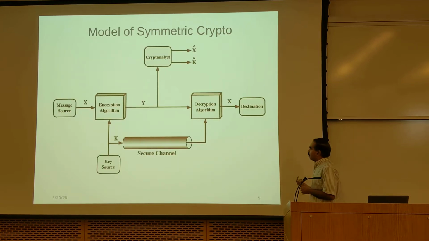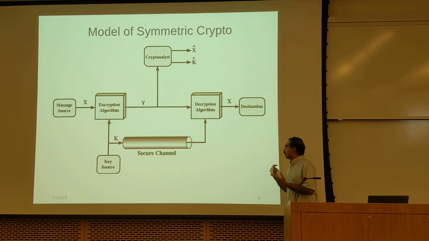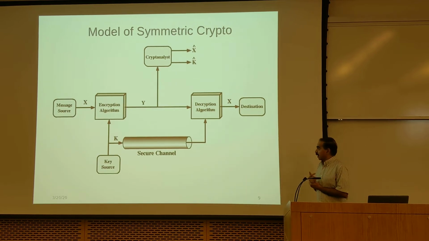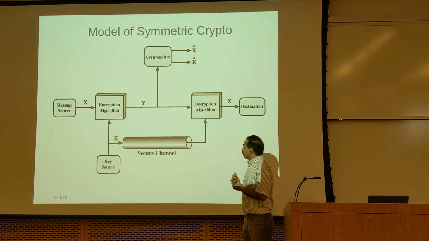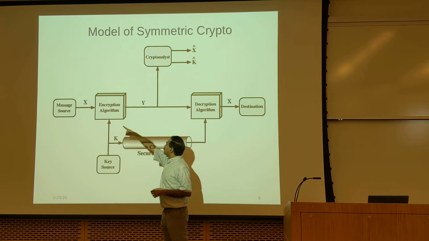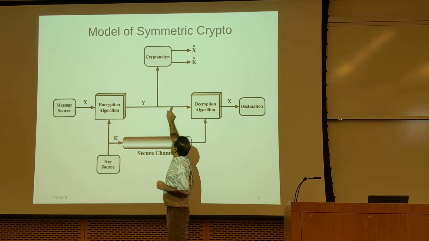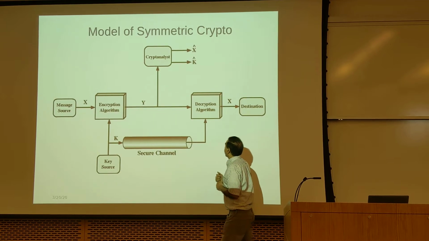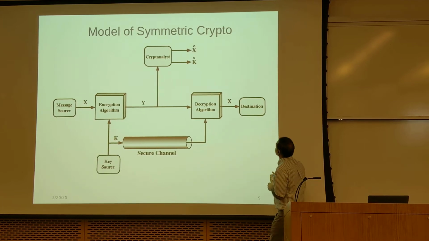So from a cryptanalysis perspective, in terms of what the attacker sees and what the attacker needs to do, we can understand it using this picture. There's the message source, and then the encryption algorithm, and then the encrypted text gets sent on the wire. On the receiving side, the decryption algorithm is applied on this ciphertext, and then the plain text is retrieved back.